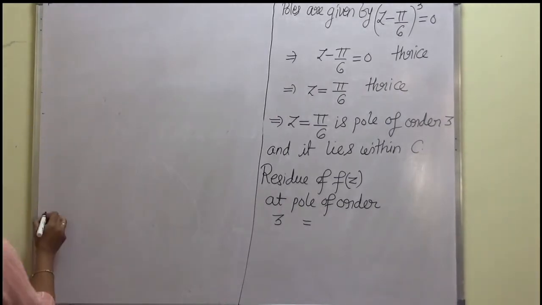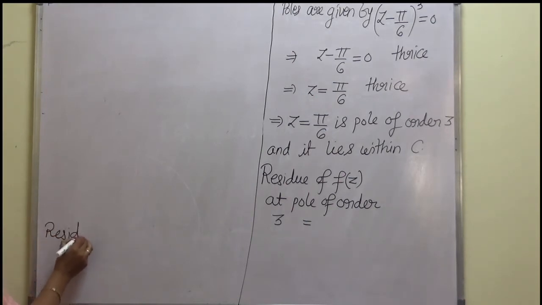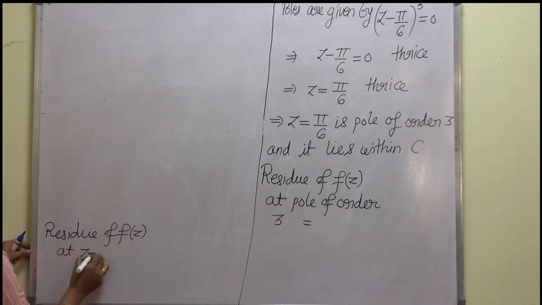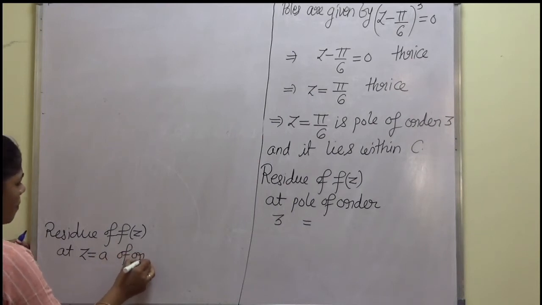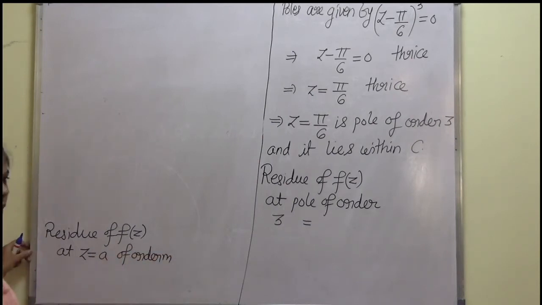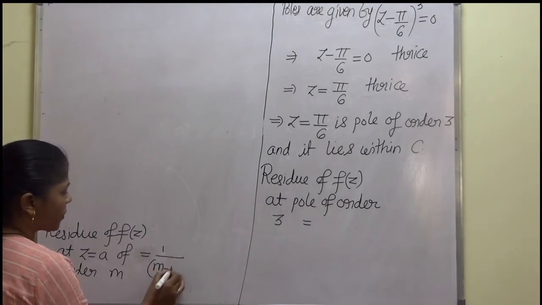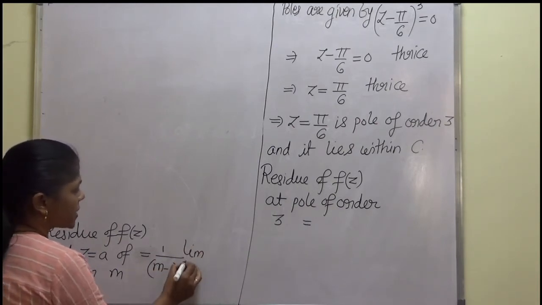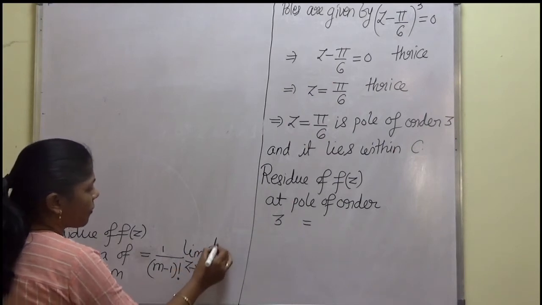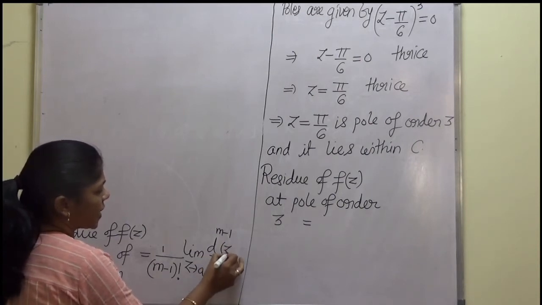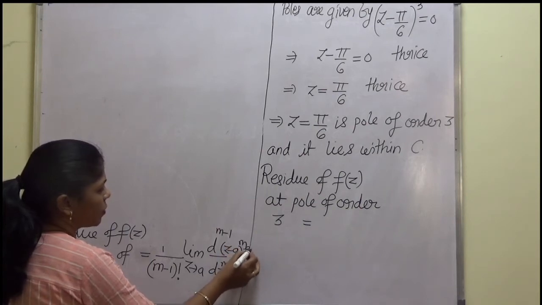So the residue of f of z at z equal to a of order m is equal to 1 upon m minus 1 factorial, limit z tends to a of the (m minus 1)th derivative with respect to z of (z minus a) raised to m into f of z.